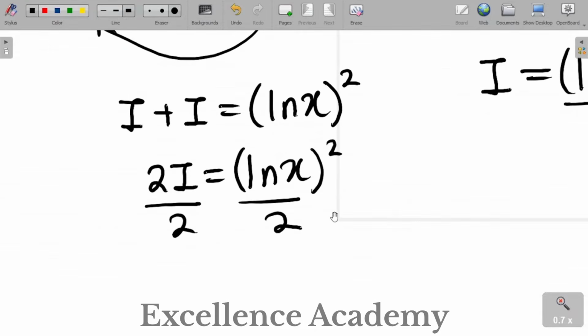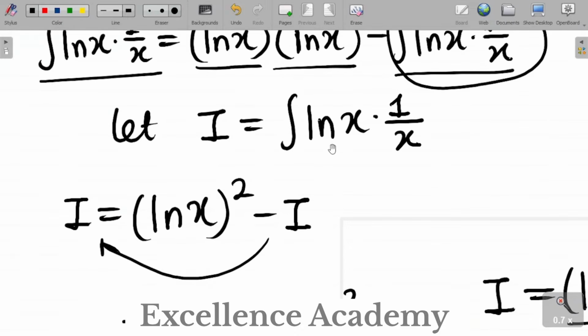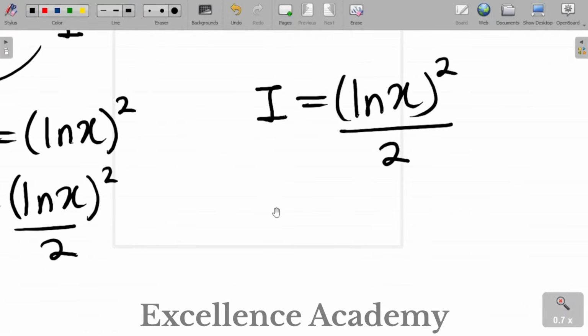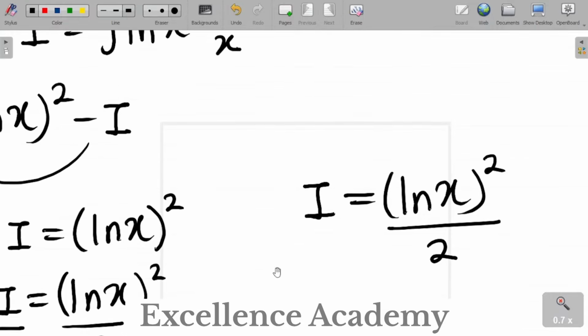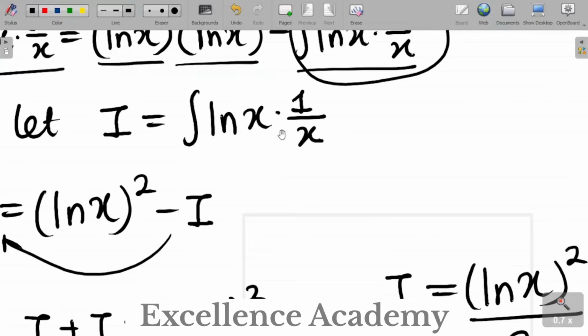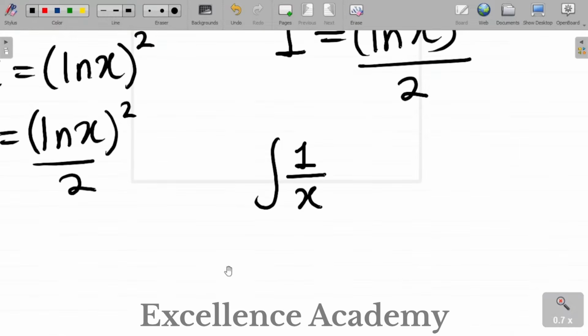But what's the value of I? We said I is equal to the integral of ln x dot 1 over x, which is the same thing. Let me just write it that way.